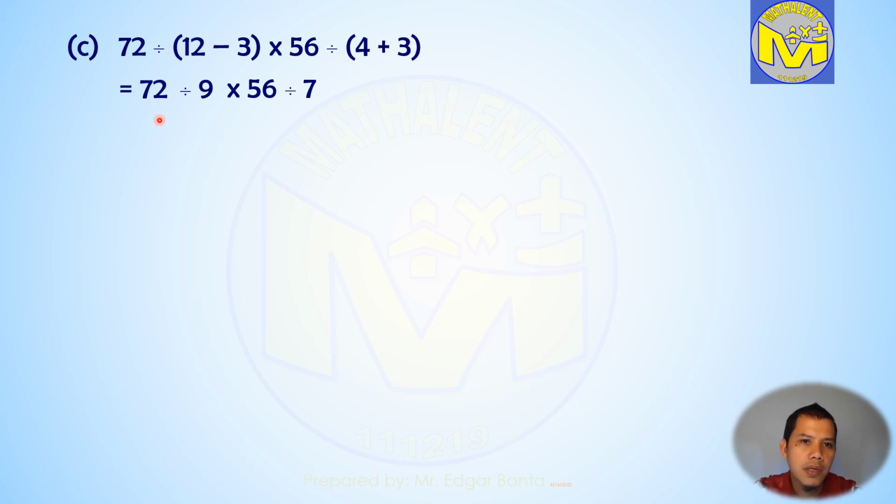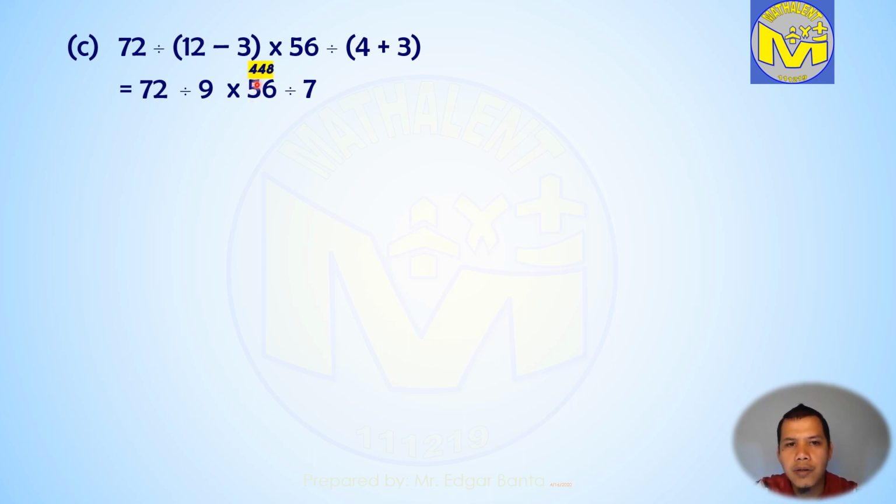Okay. So now we have only division and multiplication. We can do left to the right. So 72 divided by 9 is 8. Okay. Then 8 times 56 is equal to how many? 448.